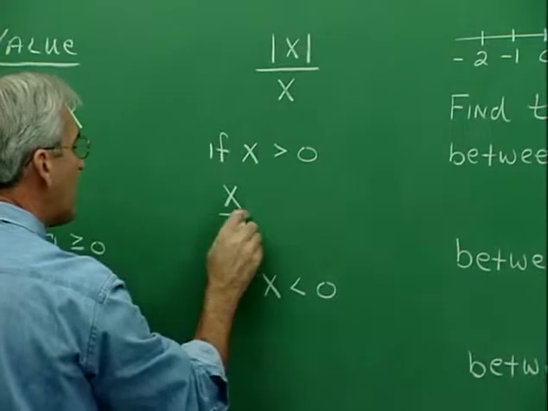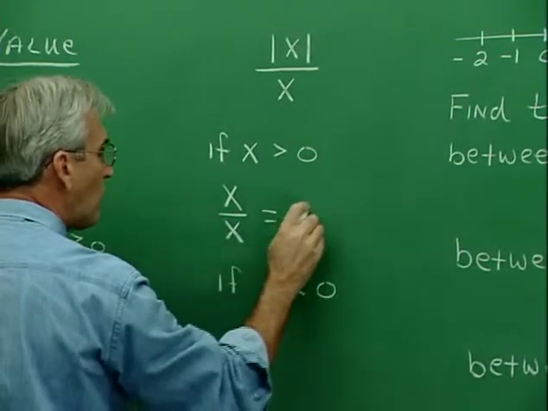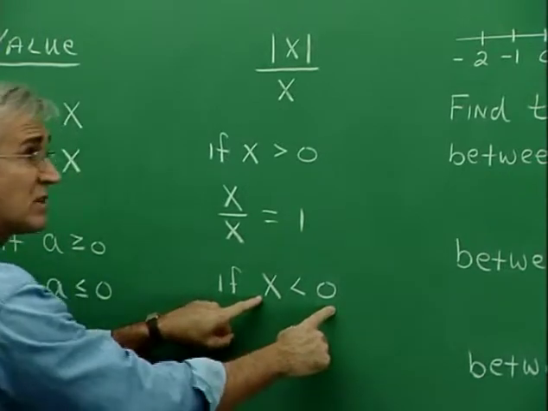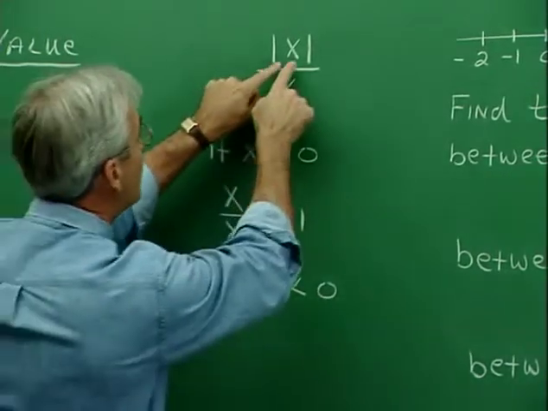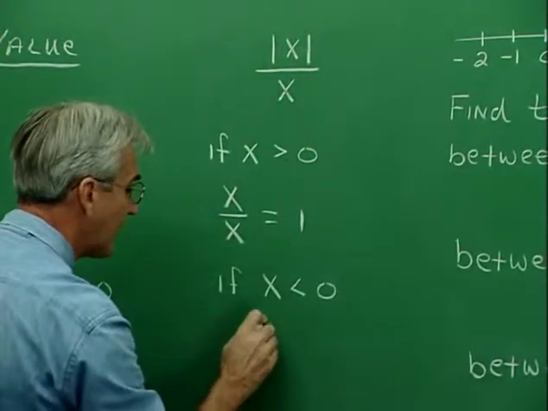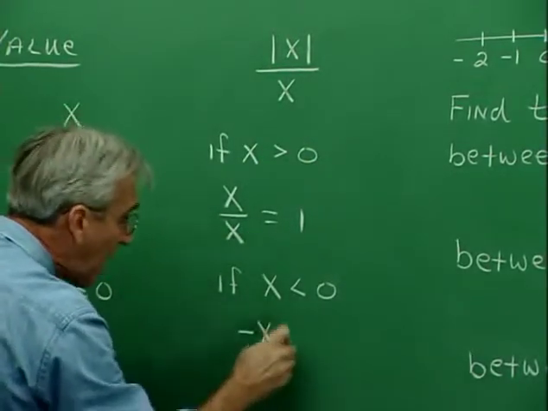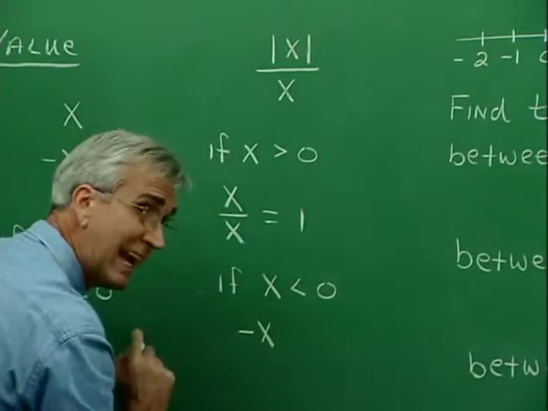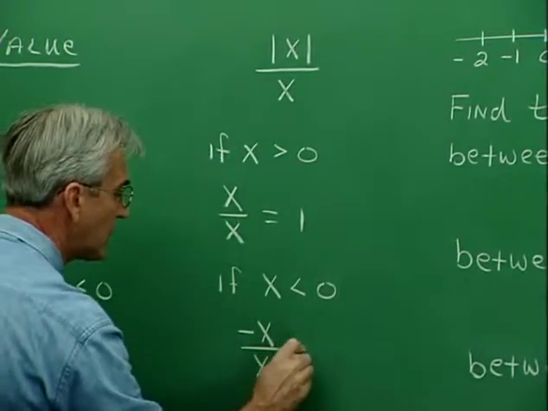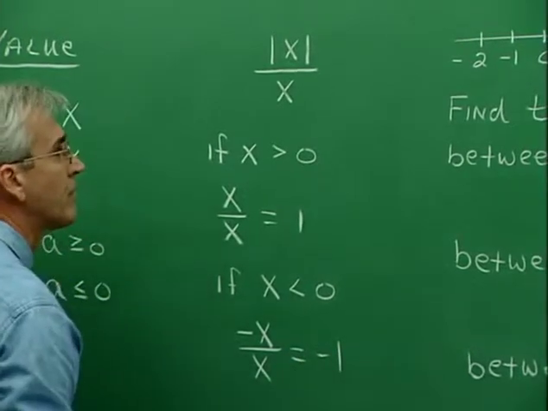In the denominator, we have simply x. So we have x over x, or 1. On the other hand, if x is less than 0, if x is negative, you see, the absolute value of x then would be represented as the opposite of x. You see, this is a positive number when x is negative. All right, then in the denominator we have simply x. Reducing here we get negative 1.